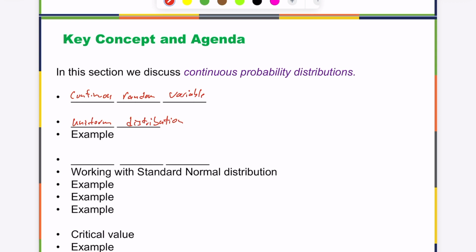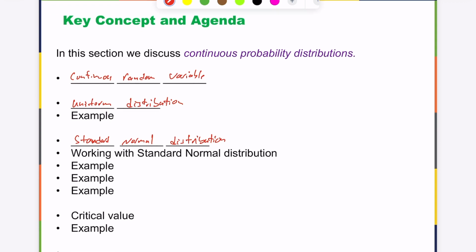Then after that, we're going to talk about the standard normal distribution, which is an incredible distribution. We see it all the time in nature. And so we're going to talk about what that is. And then we're going to have example after example after example.